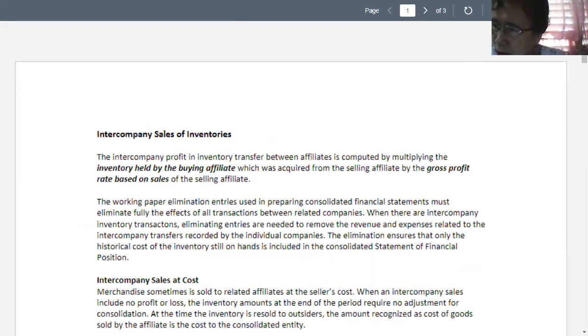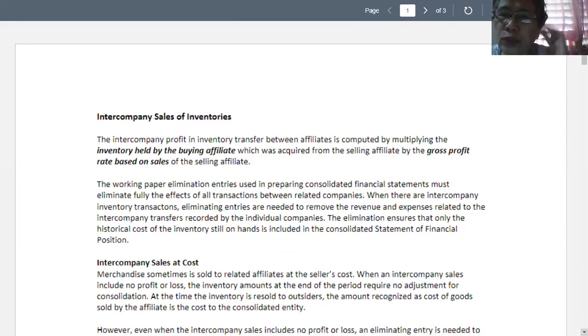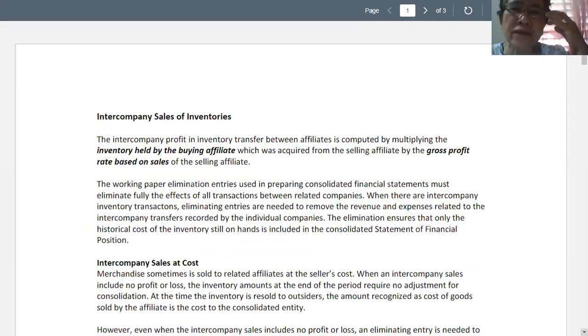So we now begin with intercompany sales of inventories. I hope you're already in the Canvas with module number 6, the intercompany sales of inventories.